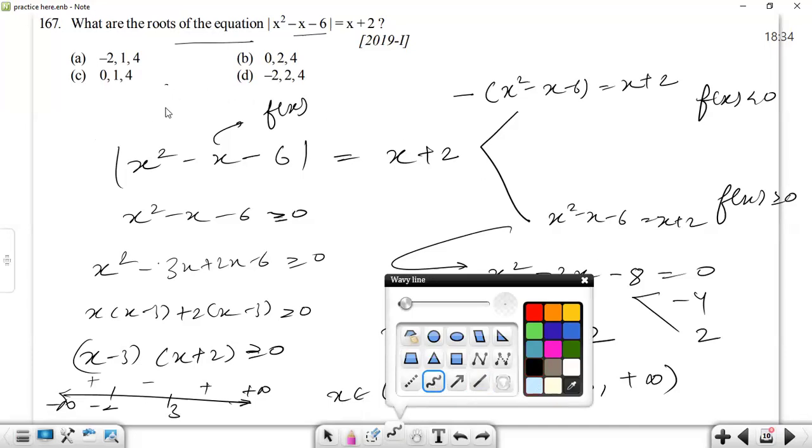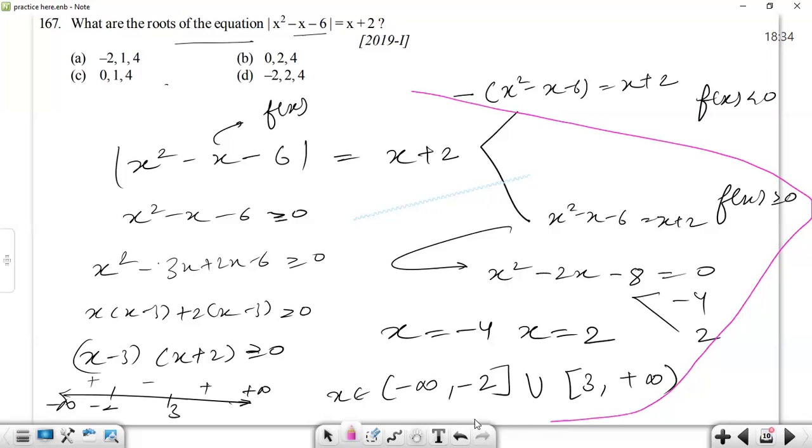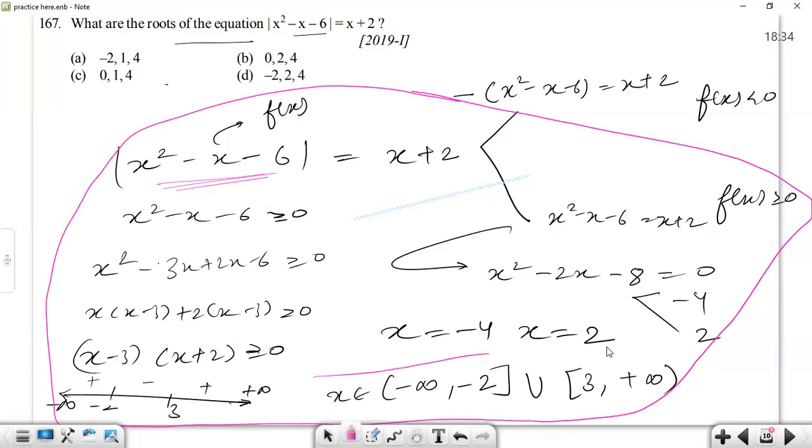We are discussing the case when the function is becoming positive. So what we have done first is that we have taken the function inside the modulus and found the values of x for which this expression becomes 0. After finding this domain, we have gone on to solve the given equation, and we have found the values of x, minus 4 and 2.